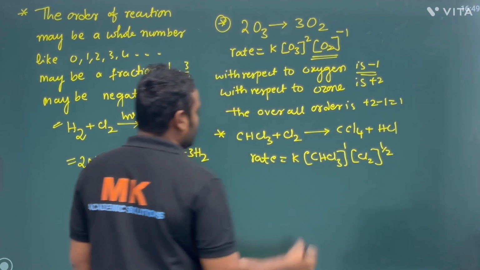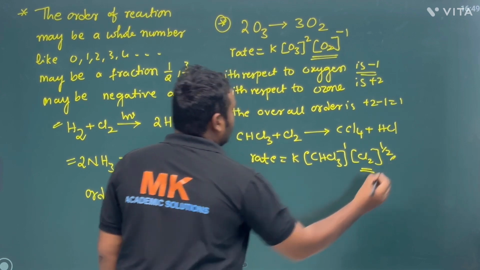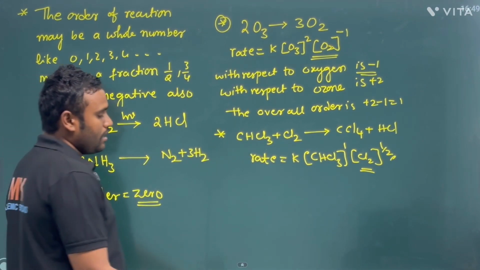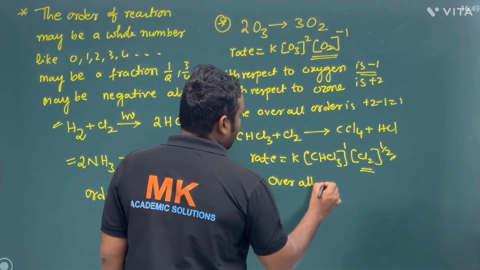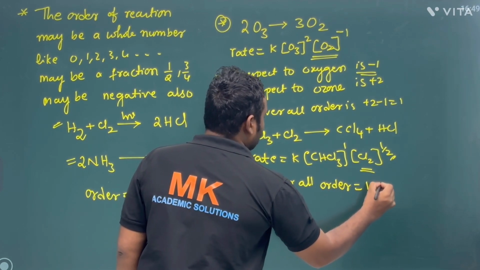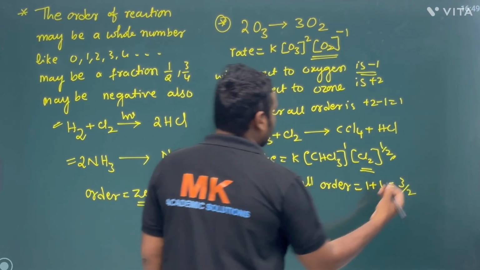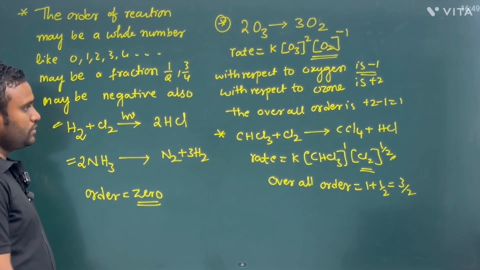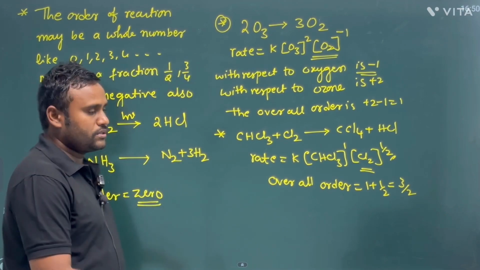Here nothing is written for CHCl3, means 1. So here the order with respect to Cl2 is what? 1/2, a fraction, and the overall order is 1 plus 1/2, total 3/2. Means the order may be 0, 1, positive, negative, anything is possible.